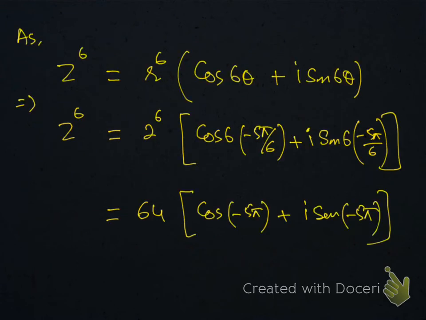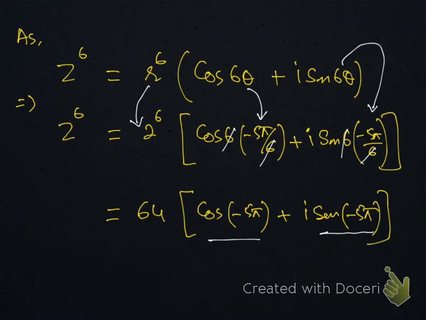Now substitute everything in the equation, the value of r and the value of theta. The value of r is 2, so it's 2 power 6, and theta is minus 5 pi by 6. You just need to simplify this. This 6 and this 6 will cancel out, so we have cos of minus 5 pi and sine of minus 5 pi.